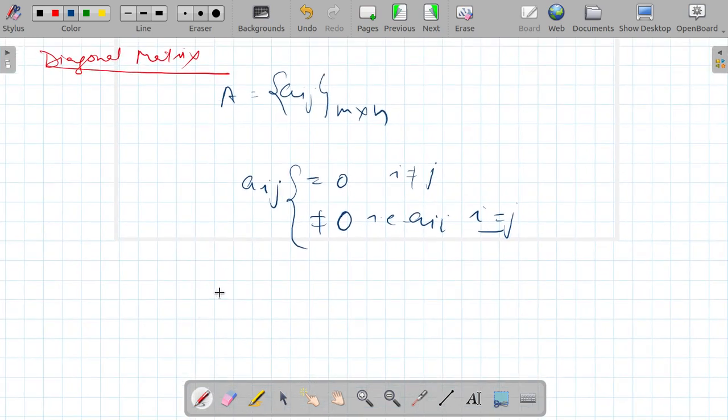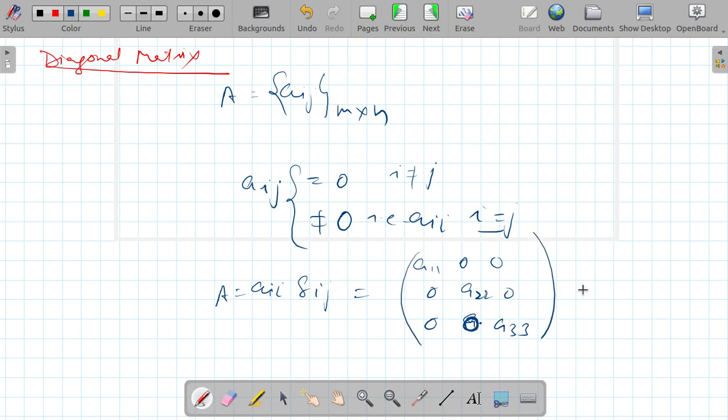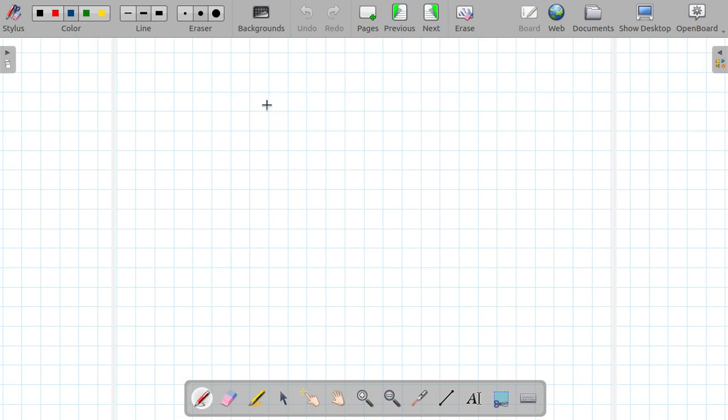And this can also be written as A_ii delta_ij, or in a simple way it can be written like this. All the elements may be equal or different, but they should be non-zero. That's the condition.